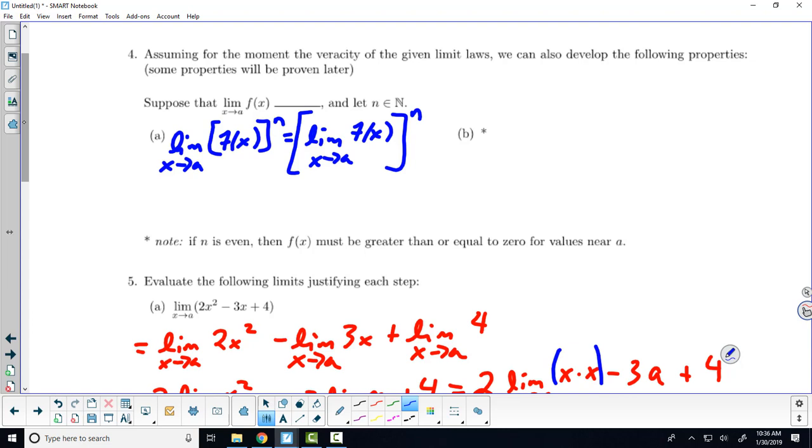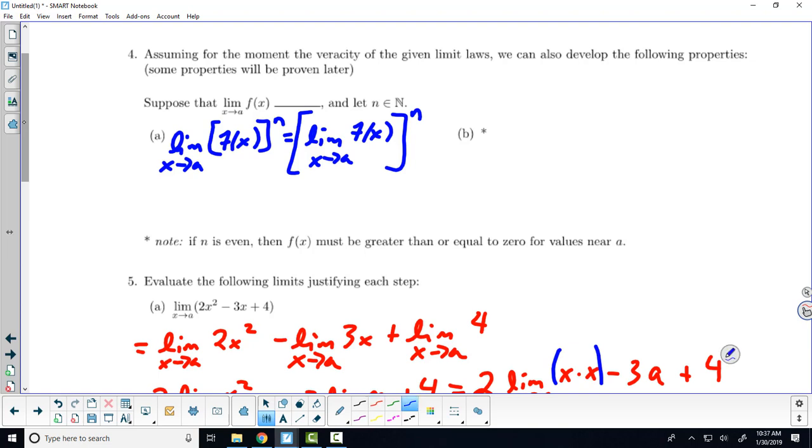Put another way, limits pass through the power functions. That's really nice. That's something you almost can never do in algebra. So we'll look at an example of that here in just a second.